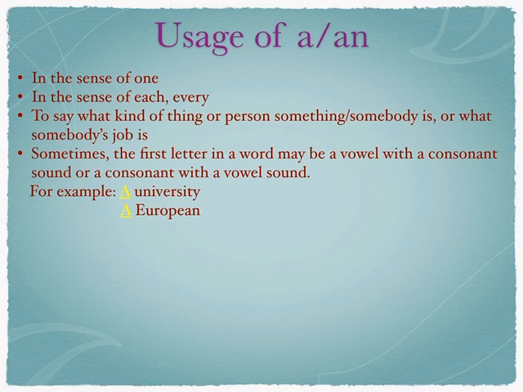For example, a university. Now here in university, U is a vowel letter but with the consonant sound like Y. So that's why before it we have to use a. Next, a European. Here E is also a vowel letter, but here the sound is like Y. So that's why we have to use a before it.